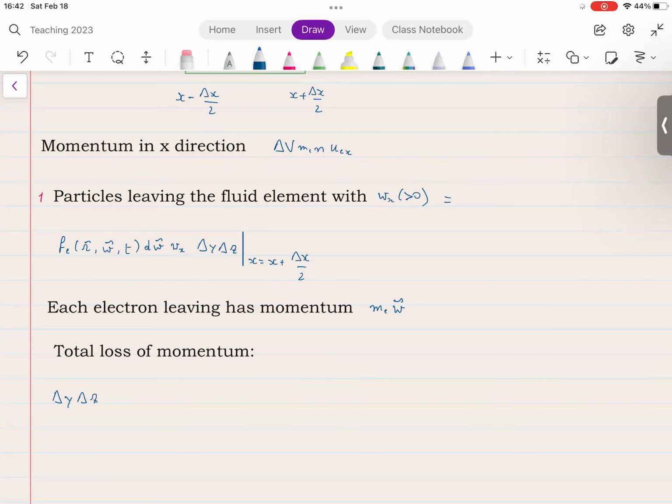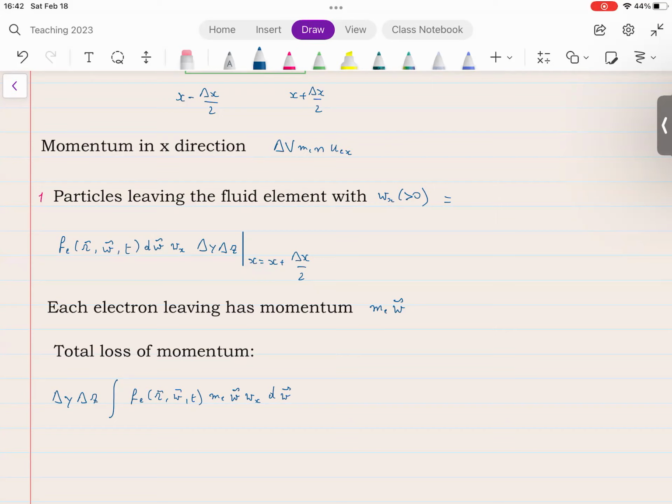Then I do the integral over my distribution function f sub e as a function of position, velocity, and time, times w, that's the momentum of a particle, times wx, the velocity the particle has pointing outside of the fluid element, and I'm going to integrate in dw.